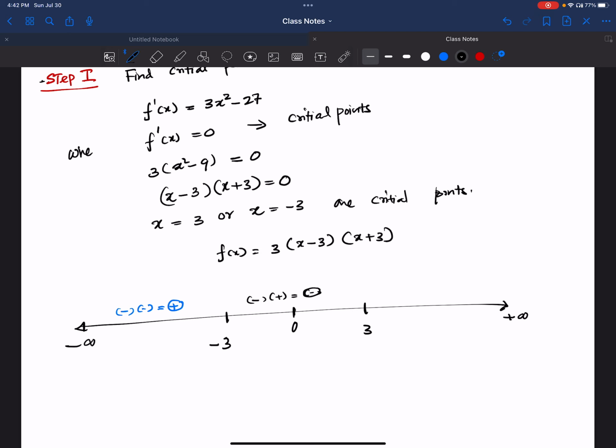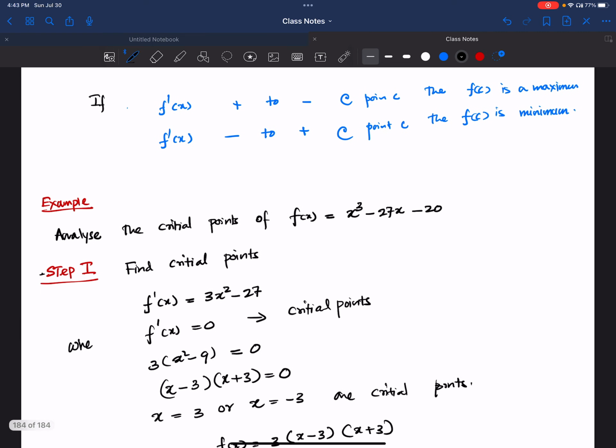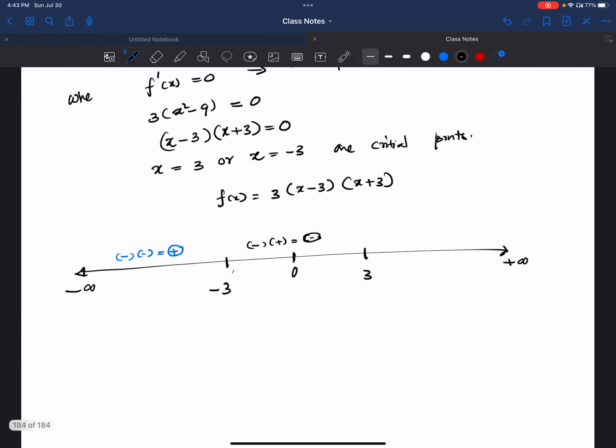Now, at the critical point negative 3, the sign of f prime of x changes from positive to negative. When it changes from positive to negative, it's a maximum. So x equal negative 3 is a local maximum.